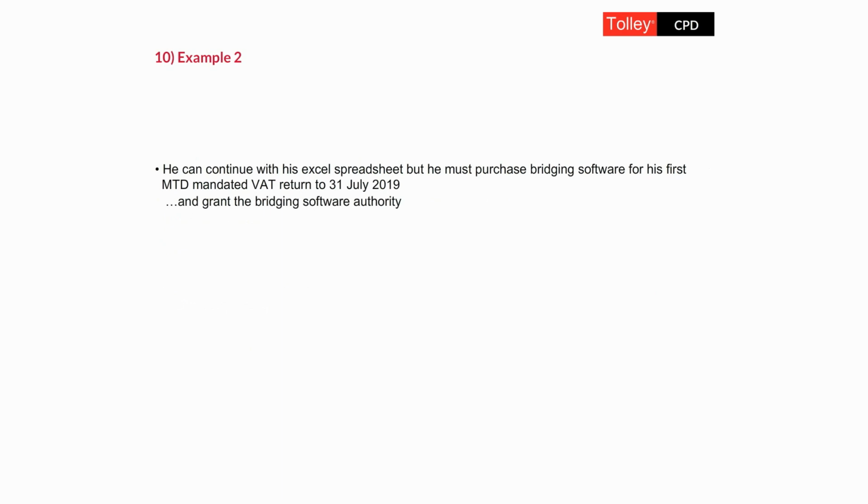So once you're in your bridging software, there'll be links to the HMRC system to grant authority to this particular piece of bridging software. And that's a very, very straightforward process. You now have the capability to submit API-enabled VAT 100 from your bridging software. You've signed up, the bridging software is authorised, so you're good to go.